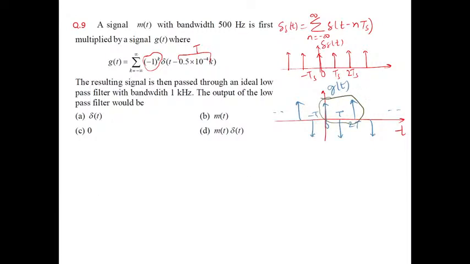The signal is repeating itself after a 2T interval, so the time period T0 is equal to 2T. Now T is equal to 0.5 into 10 raised to power minus 4. So T0 is equal to 2T, which is 10 raised to power minus 4 seconds. And what is f0? f0 is equal to 1 upon T0, so this is equal to 10 kHz.